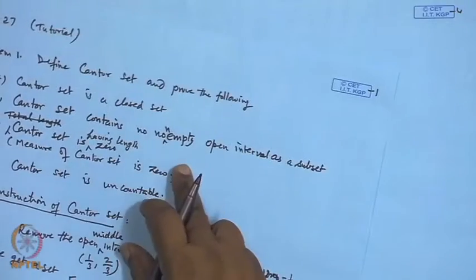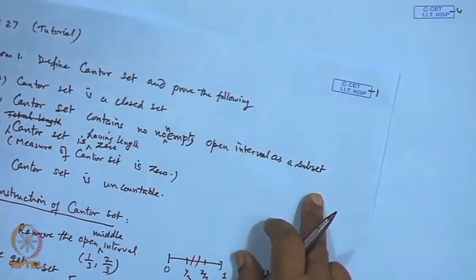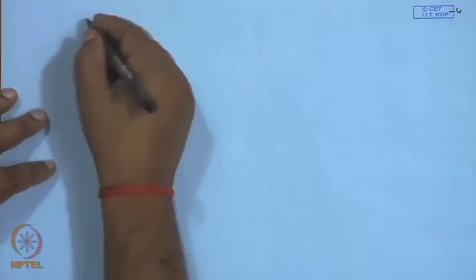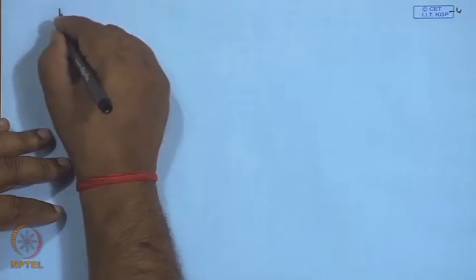Second one, we wanted to show that the Cantor set contains no non-empty intervals as a subset, and that the length, or measure, of the Cantor set is 0. Okay. So, what is our B part?